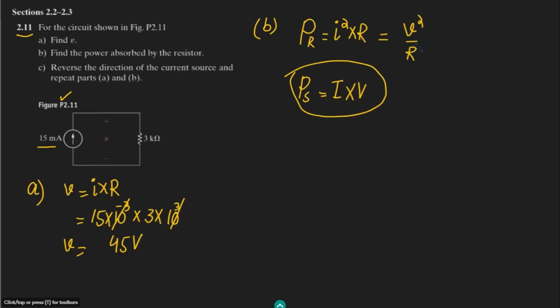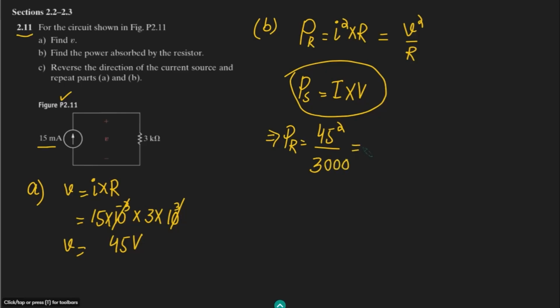So let me take this formula, V square divided by R. So P of R is V square divided by R. The voltage across it is known, and that is 45, as we have already found out. 45 square divided by R, and R is 3 kilo ohm or 3000.